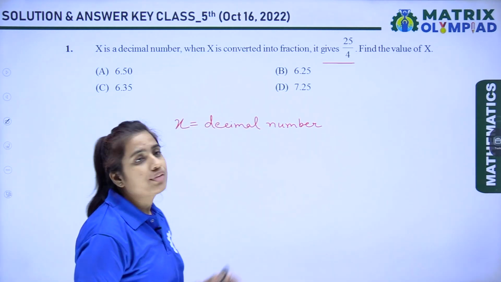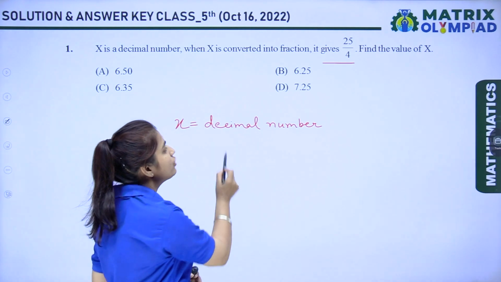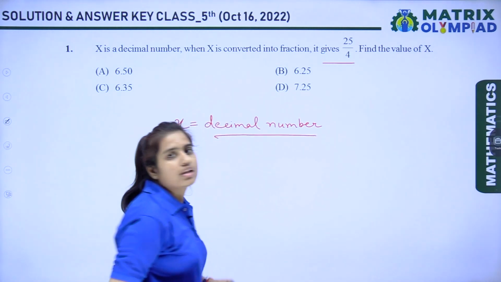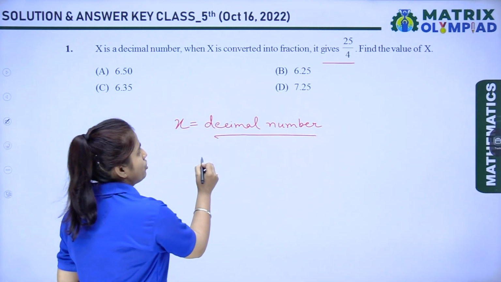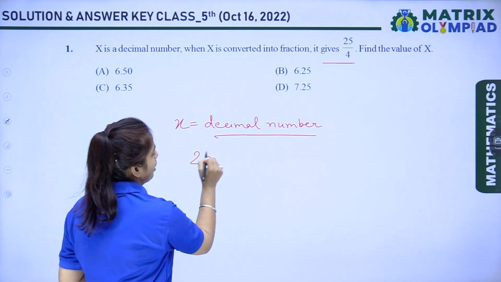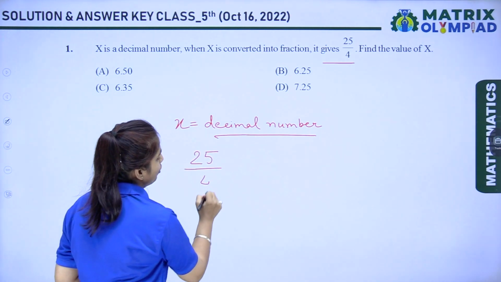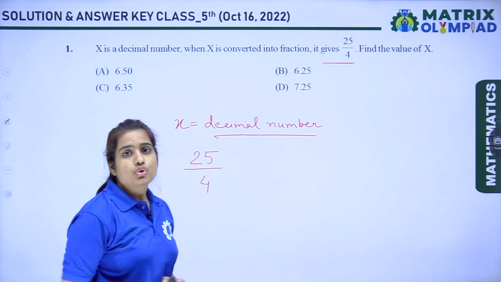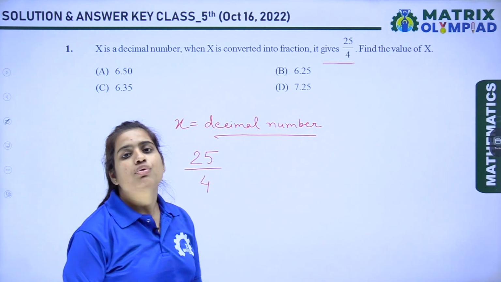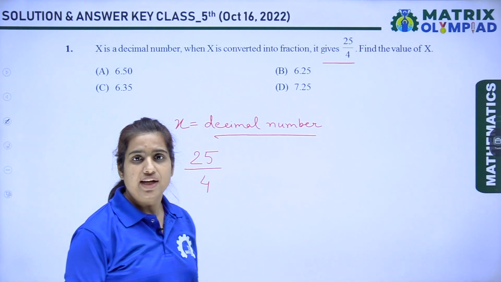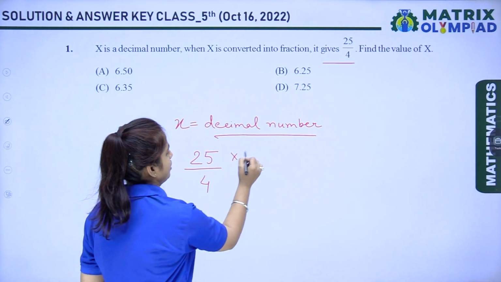Now, here we have to find the value of x, which means we have to find the decimal number. The fraction we have is 25 upon 4. To convert it into a decimal, we multiply and divide it by 25.